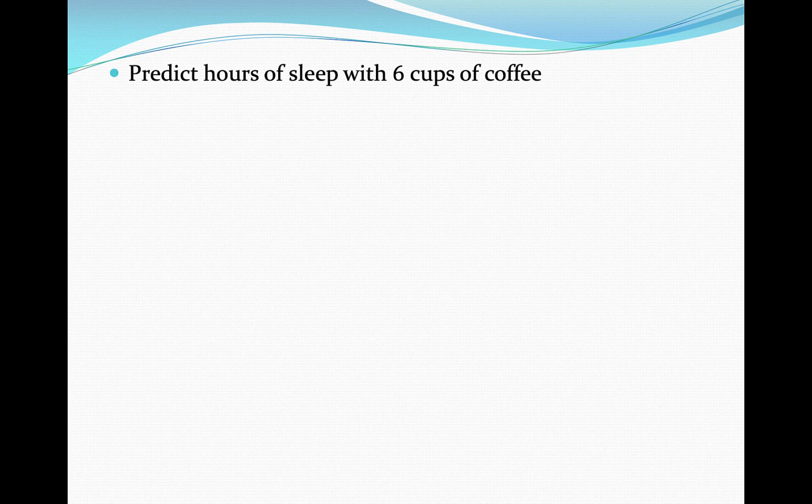So now we can answer a question like this. Let's predict how many hours of sleep we would expect someone to get with 6 cups of coffee. So we already said our regression equation, this is the same equation that we just figured out, is y equals 9.529 minus 0.658x. So to predict, it's simple. Once you come up with a good model, it's really simple to predict.